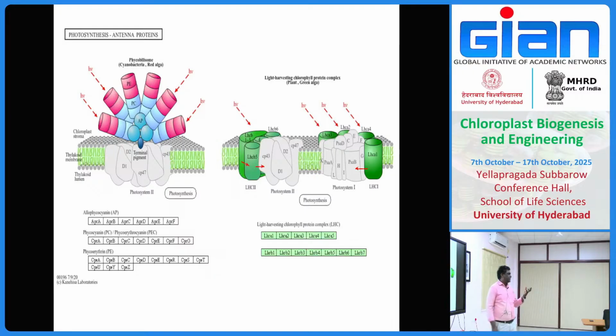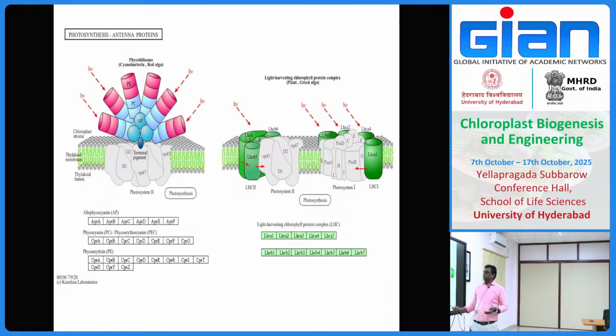These absorb and transfer the light, the photons, to the reaction center where water gets split. You get oxygen and protons, and we discussed last class also that hydrogen energy will be coming through this photolysis of water.